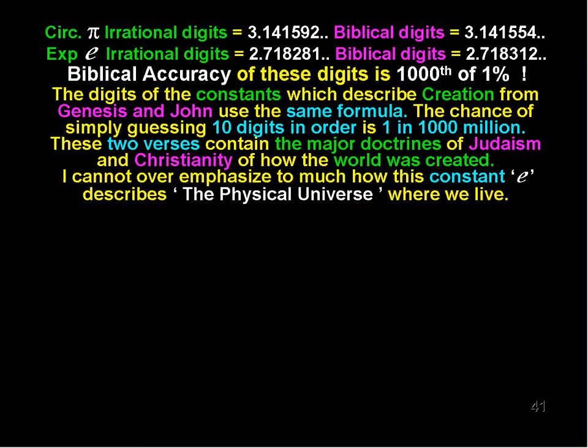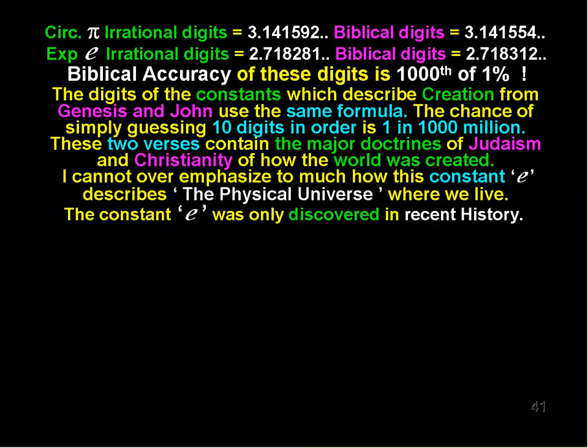These two verses contain the major doctrines of Judaism and Christianity of how the world was created. I cannot overemphasize too much how this constant, e, describes the physical universe where we live. The constant e was only discovered in recent history.